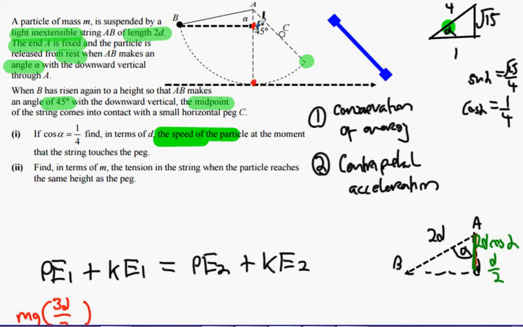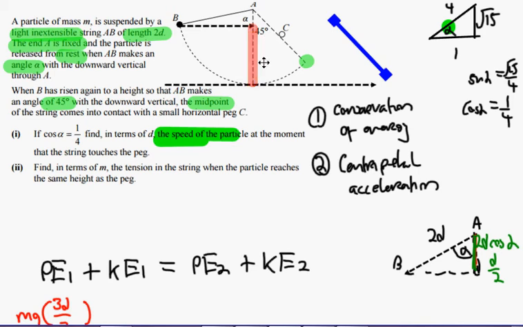It's 2D for the full thing, that's easy. And then what I have to do is shorten it by that amount there, which I calculated over here to be D over 2. So it's 2D minus D over 2.